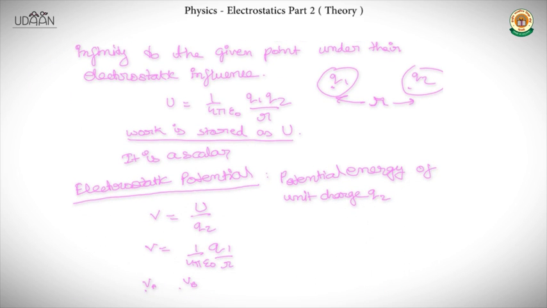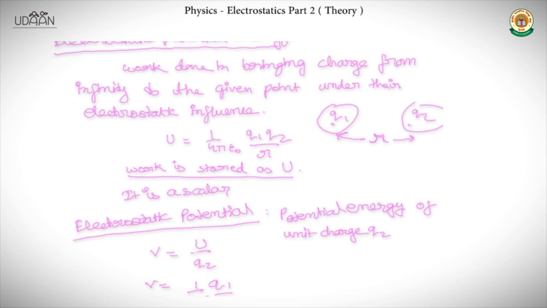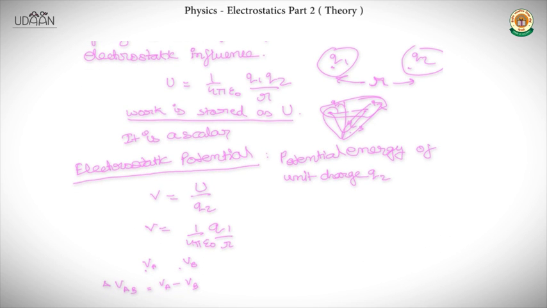Remember that since potential energy is a scalar, if you have to calculate the potential energy of a system of, say, 3 point charges Q1, Q2 and Q3, you have to calculate individual potential energies and then add up. We always have to calculate potential energy in pairs of two point charges.